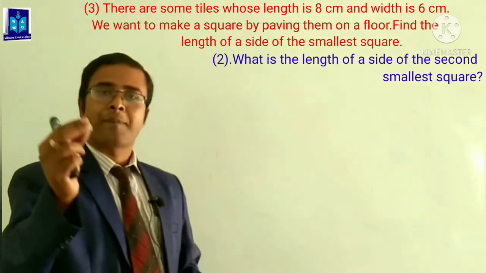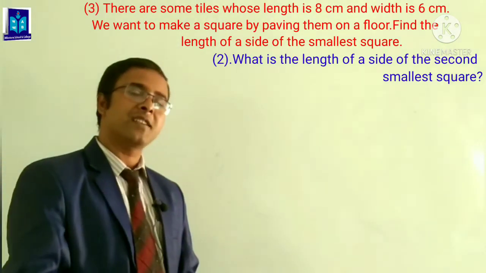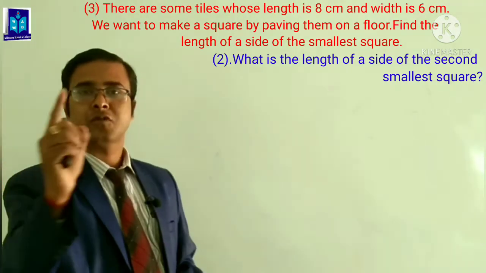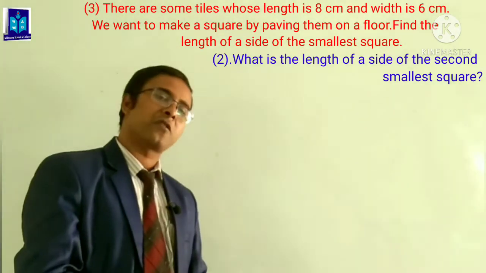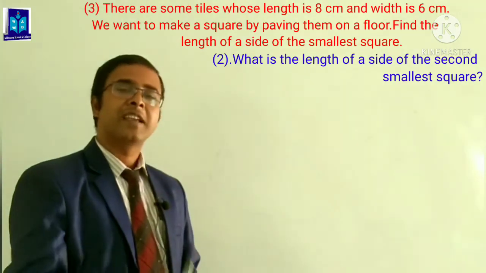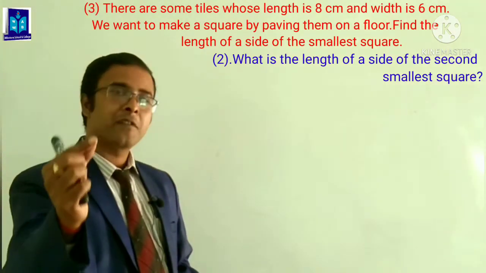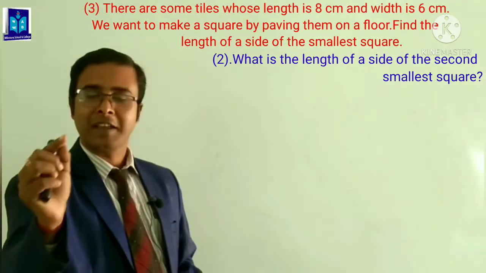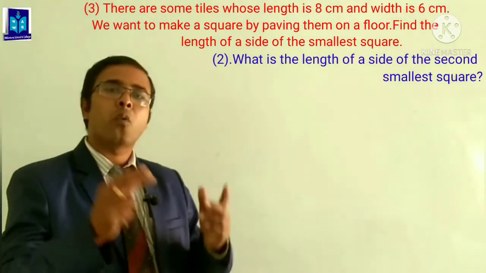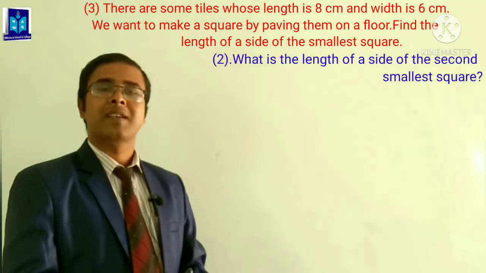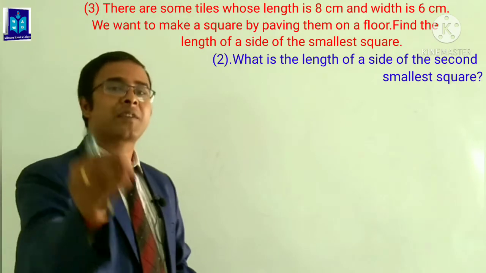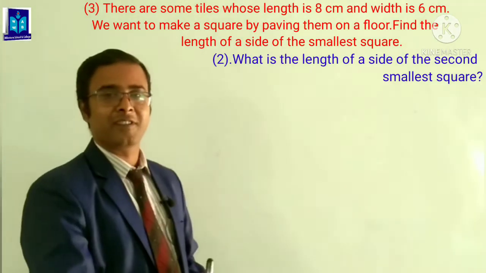That means the first multiple of 24 is 24 multiply 1 equal 24. If we want to find the second multiple of 24, it will be what? 24 multiply 2. That means 48. Yes, students, if we want to find the length of second smallest square, we have to find the second multiple of 24.